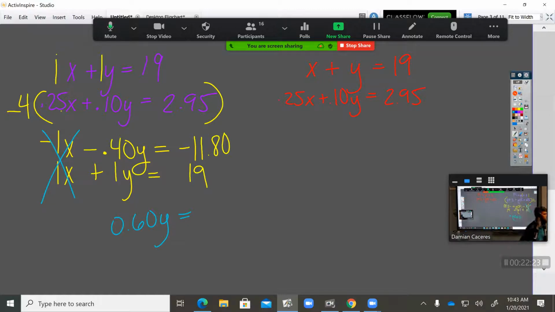This is all calculator work. You should all have calculators, especially when you're working with money. And now negative $11.80 plus $19 is $7.20.